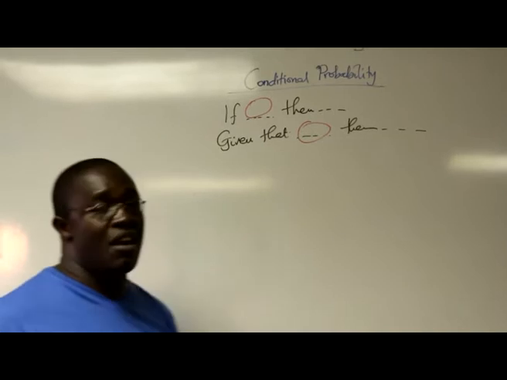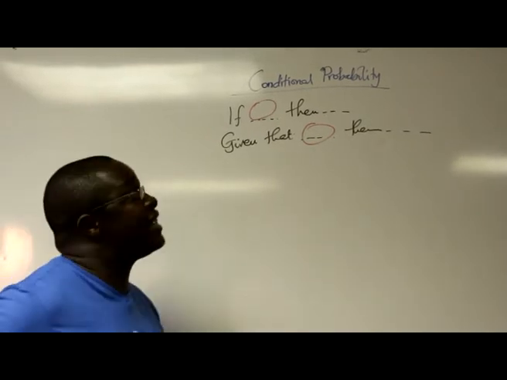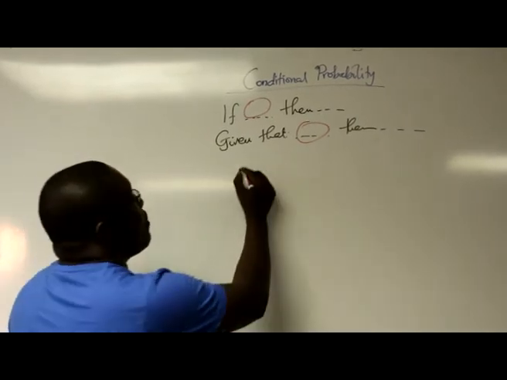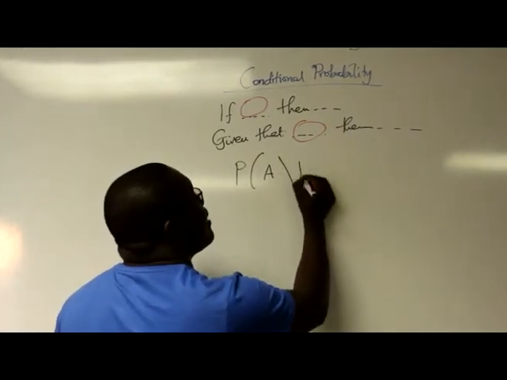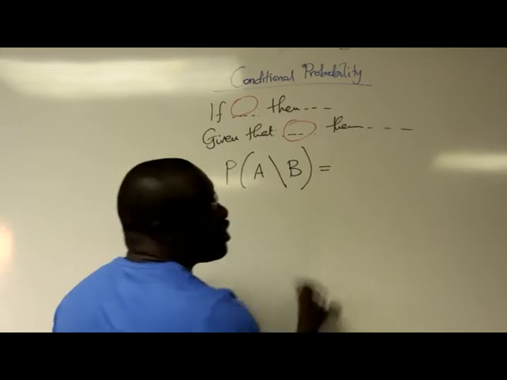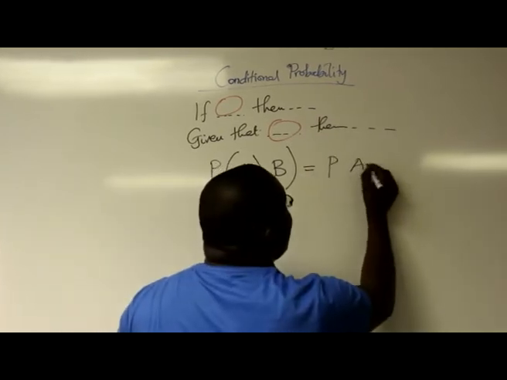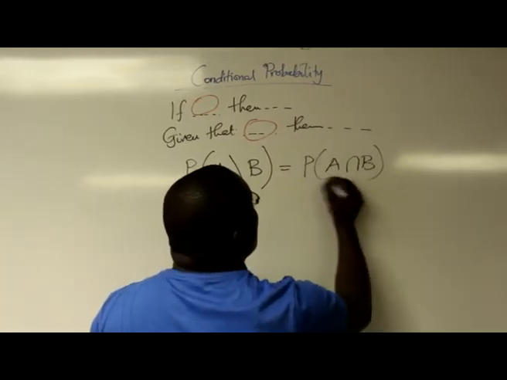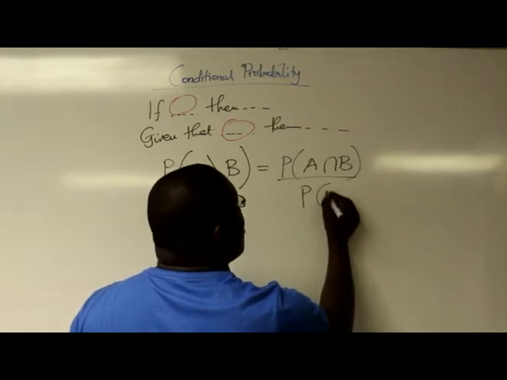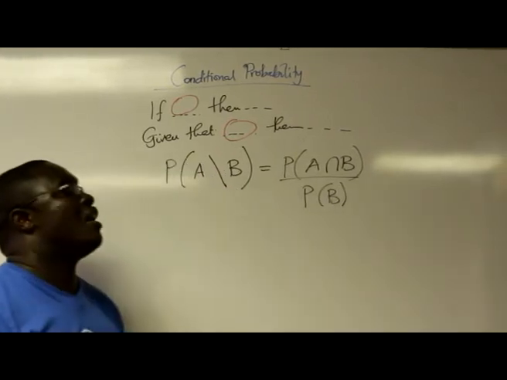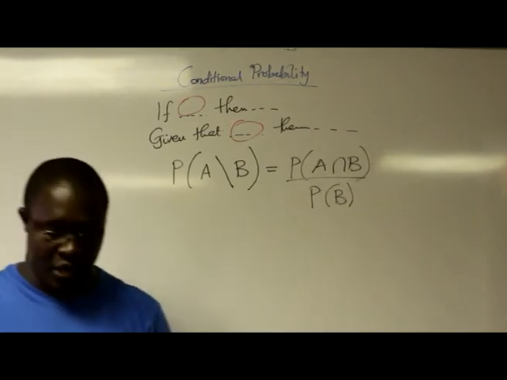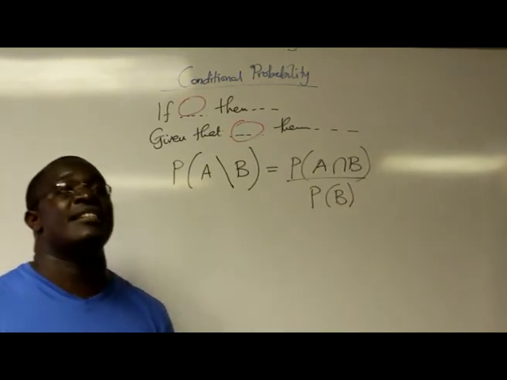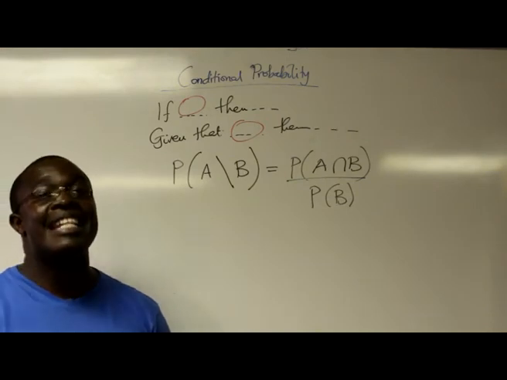So the formula now for conditional probability is: probability of A given that B has happened is equal to probability of A intersection B over probability of B occurring. Now, this is the formula for conditional probability, and you should be able to read it in English, right?